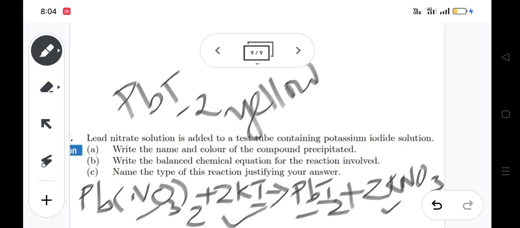The type of reaction is a double displacement reaction and also can be called a precipitation reaction. Double displacement reaction: a reaction in which the reactants exchange their ions to form new products. It is a precipitation reaction because in this reaction a precipitate is formed. Okay, clear?